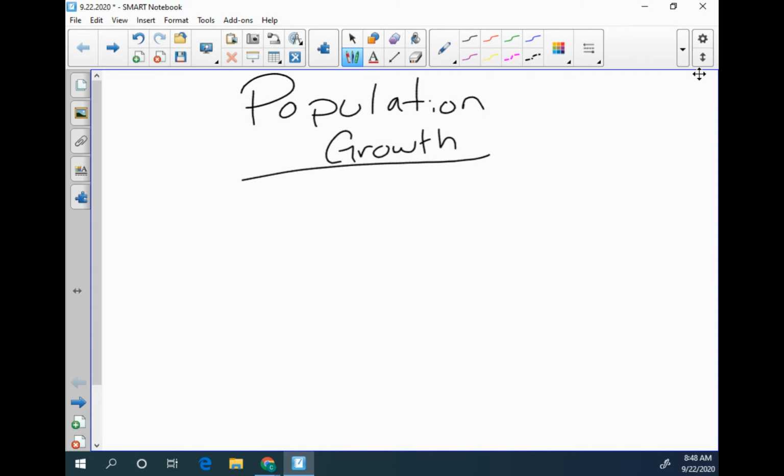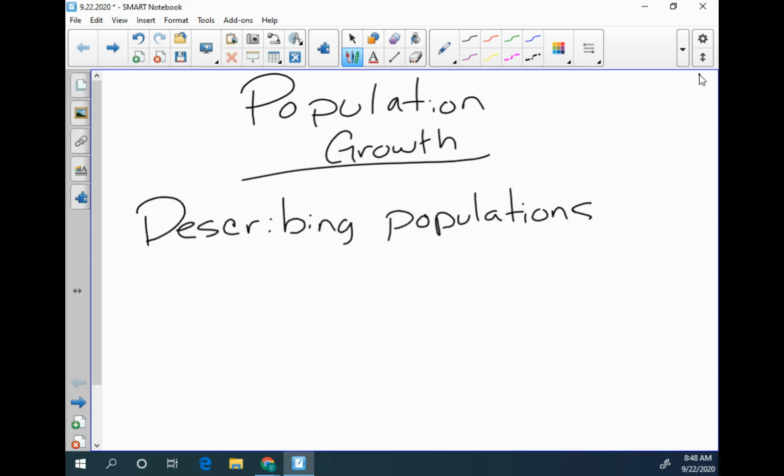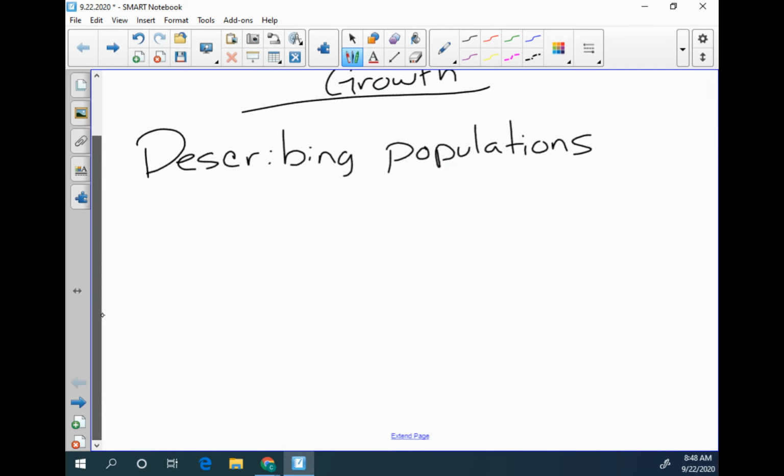We have our definition of a population and all of those population descriptions that we talked about in that first ecology lesson. So we'll start with describing populations. So, a population.